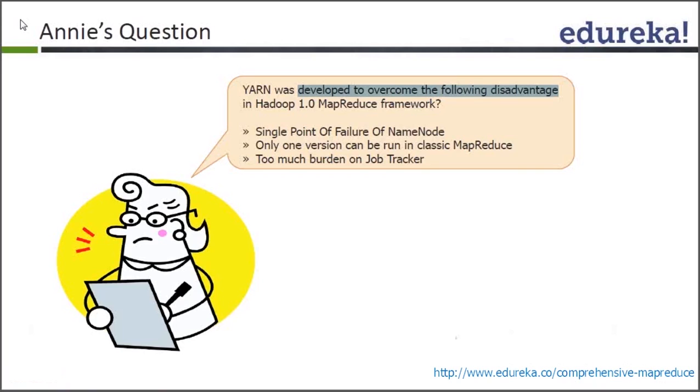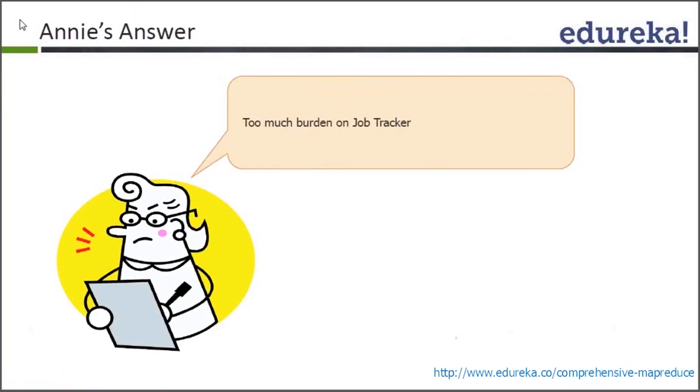That's also correct in one way because you will only be running MapReduce. But the primary reason is the job tracker overburden. So the answer is C, too much load on the job tracker. Who removes that load? The application master. Okay, the right answer to the earlier question is too much burden on the job tracker.